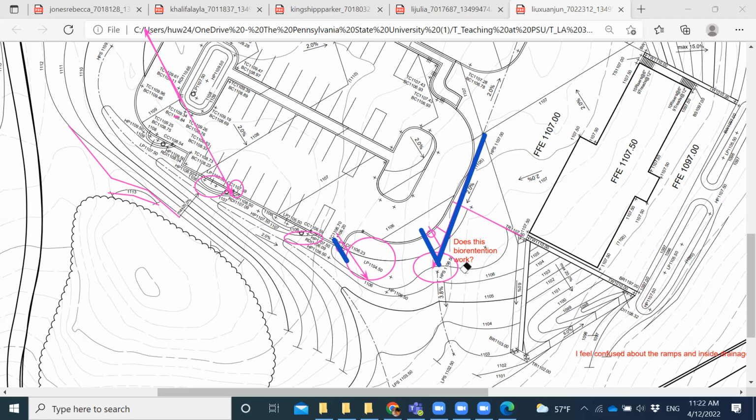Or what we can do, let's see. Or what we can do is we have something here for the plaza. And then this is the lowest point here. This is the lowest point. And that is the lowest point. And we have something that connects to them instead of this one.